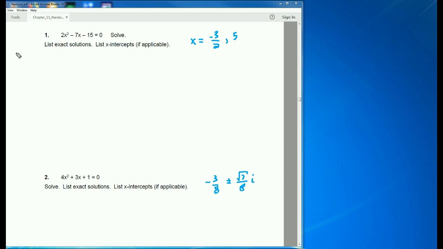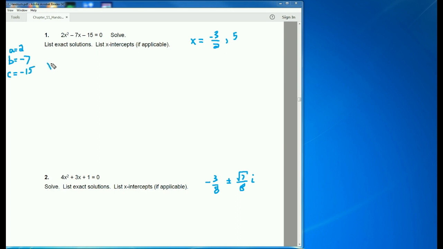Okay, so for number 1, a equals 2, b equals -7, and c equals -15.